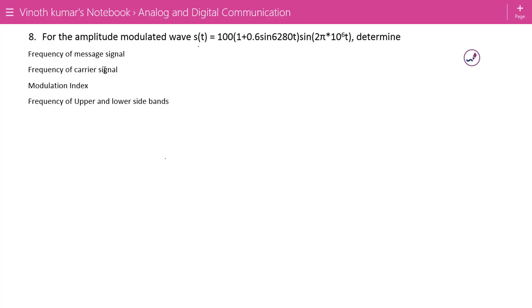We need to determine the frequency of the message signal fm, the frequency of the carrier signal fc, the modulation index mu, and the frequency of the upper and lower sidebands, that is fc plus fm and fc minus fm.